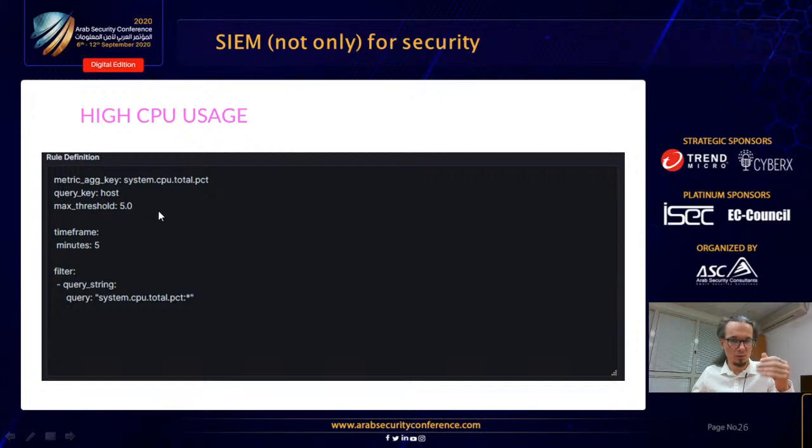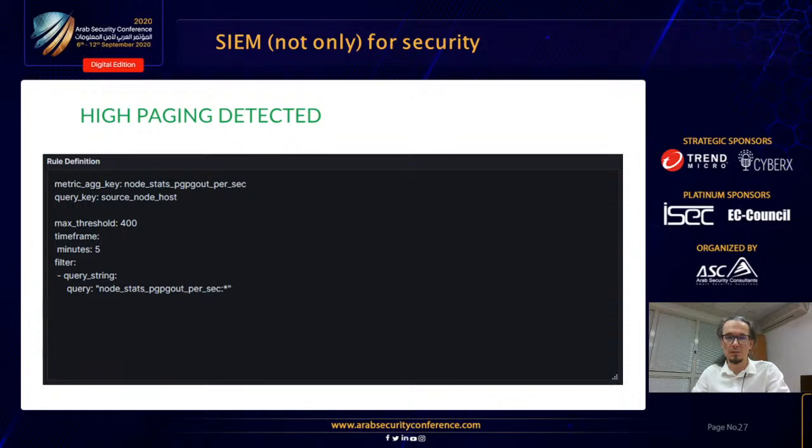So 5.0 means 50%. So we are looking at the alert where we don't want on average that our CPU will be higher than 50% per 5 minutes. We can do the same for the paging, where we are grouping everything by the host.